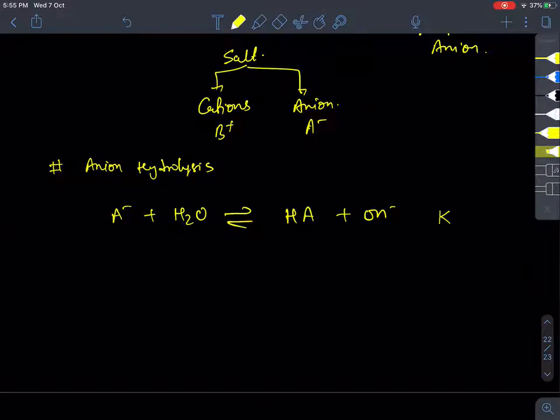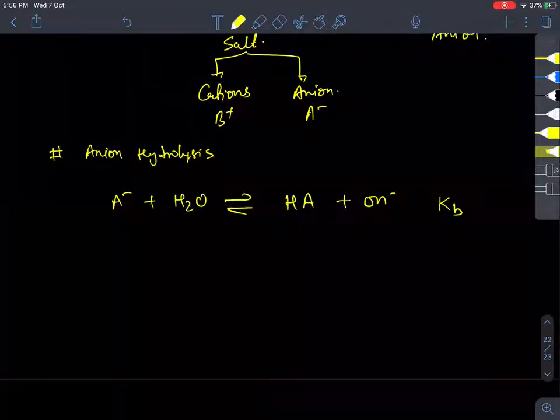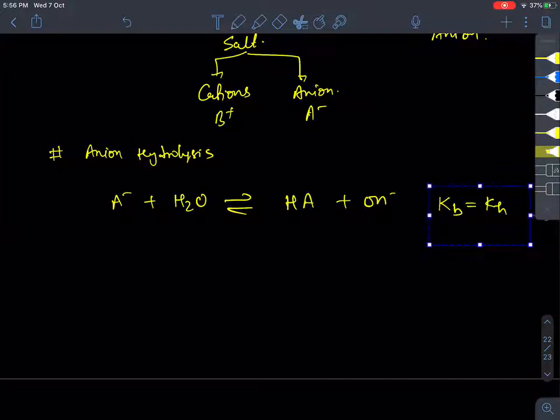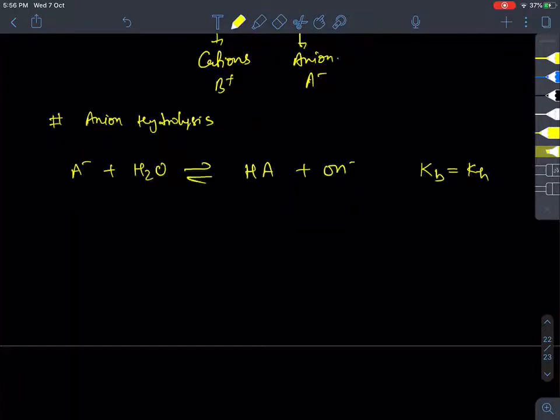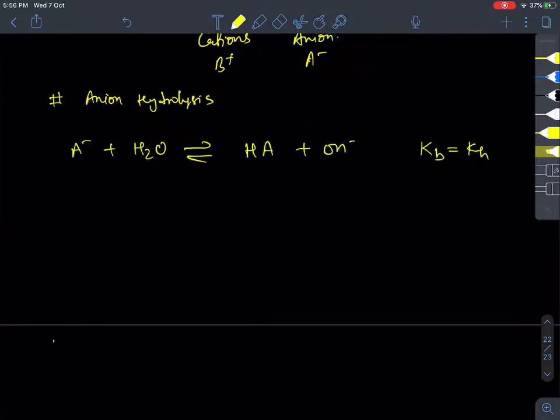We say that it is Kb. Although it is not an Arrhenius base, it is promoting the dissociation and generating more OH-. So Kb we are using, and because it is hydrolyzing, we can use the word Kh also, hydrolysis constant. Similarly, cation hydrolysis.